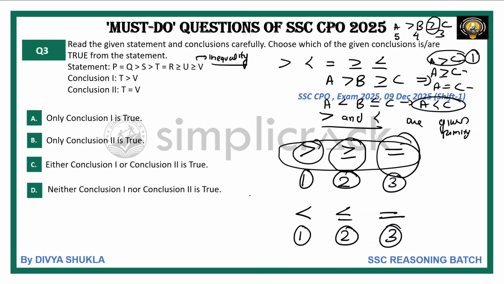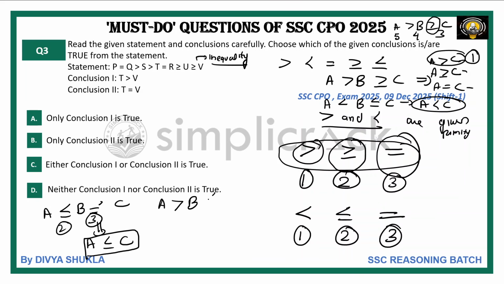If in a single line I have a greater than equals to b equals to c, in this case my answer would be a greater than equals to c, because now this is second priority and this is third priority. The second priority would be given more priority over the third one. But what happens if I say a is greater than b is less than c?